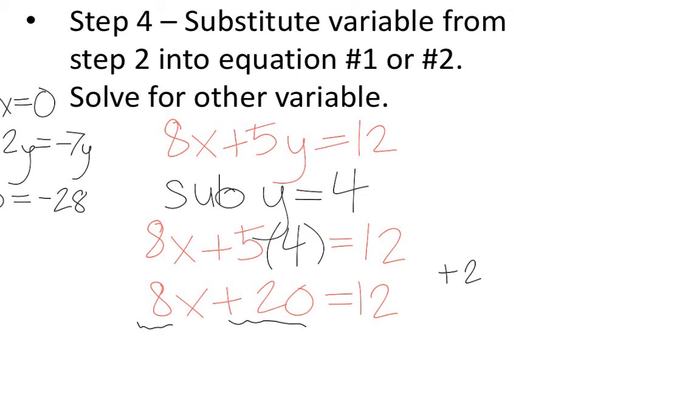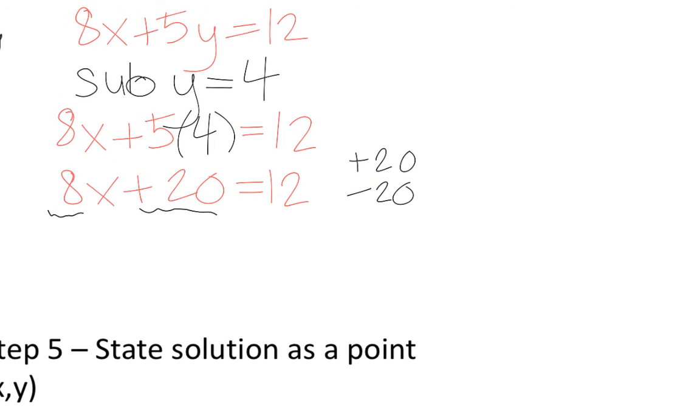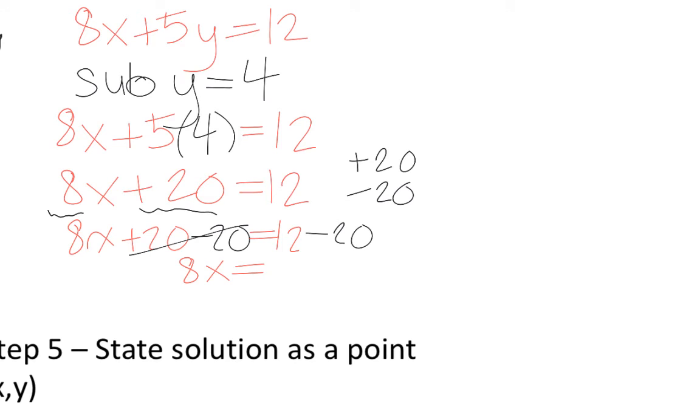So the opposite of plus 20 is subtract 20, which means we're going to subtract 20 from both sides of the equation. So 8x stays the same. I'm going to subtract 20 here. And I'm also going to subtract 20 on the other side of the equation. That cancels out, so I'm left with 8x equals 12 subtract 20, which is negative 8.